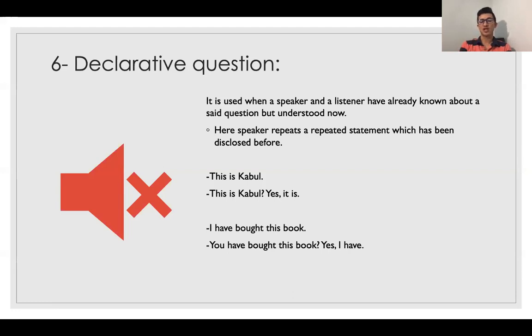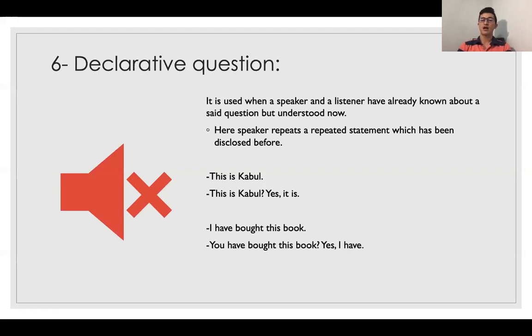You don't change the structure to interrogative. Remember, if you sometimes see the structure is like this and the question mark is at the end of that, it is not incorrect. It might be a declarative question. Okay, this is Kabul. Yes, it is.